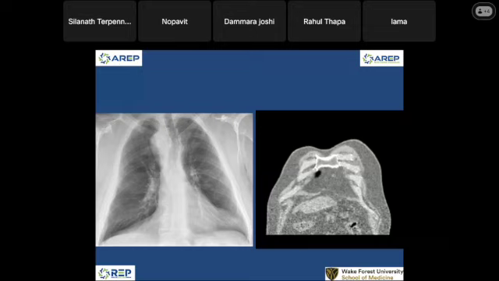Okay. What else? Is it a lung mass, mediastinal mass, pneumonia, pulmonary edema, or metastatic? The trachea shifts. Yes, okay. The trachea is shifting a little bit, not right in the middle.